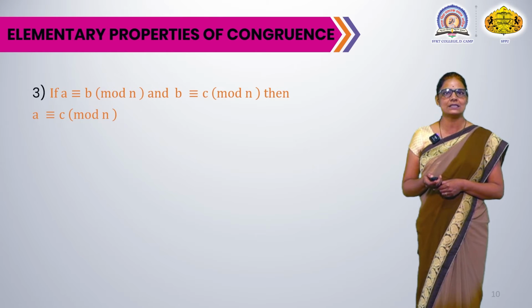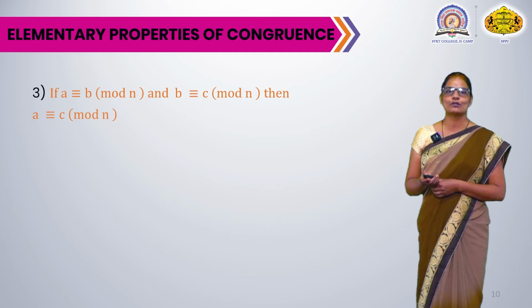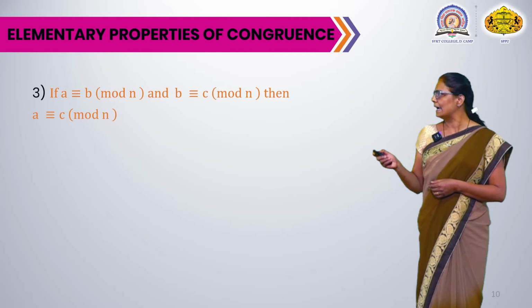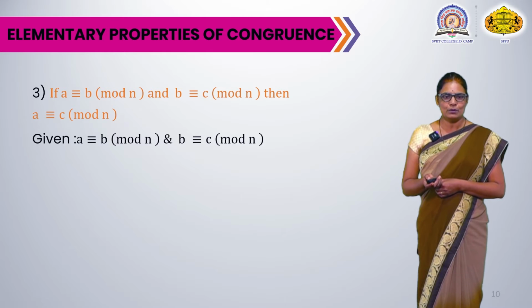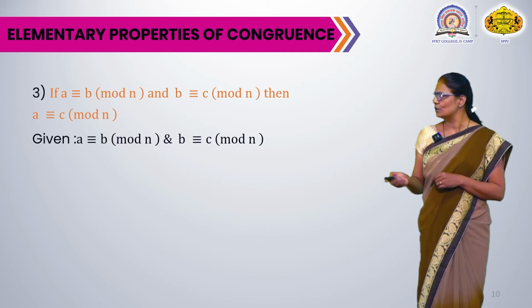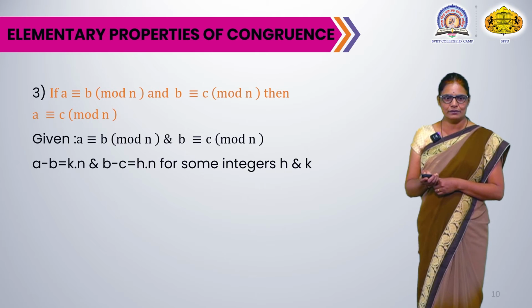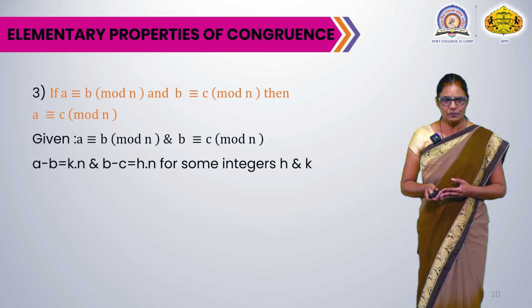Here the hypothesis is a is congruent to b and b is congruent to c modulo n, and then use the definition of congruence. So by definition, a minus b is equal to n times some integer and b minus c is equal to n times some integer. We consider the first integer as k and the second as h.